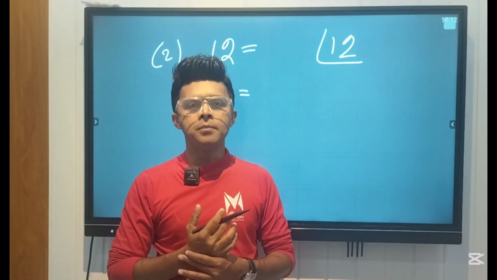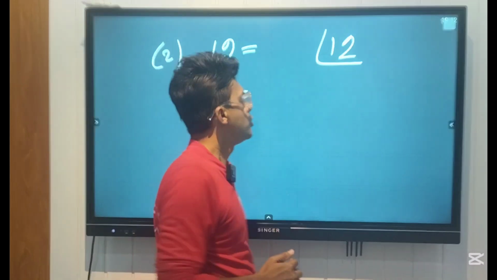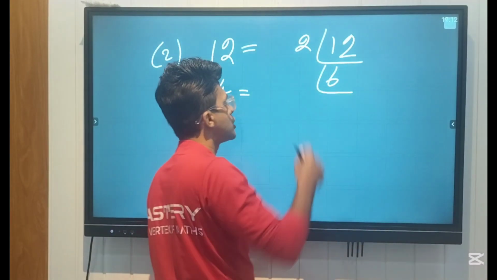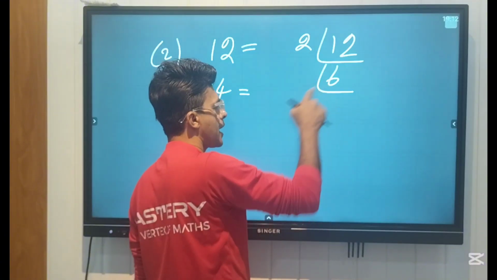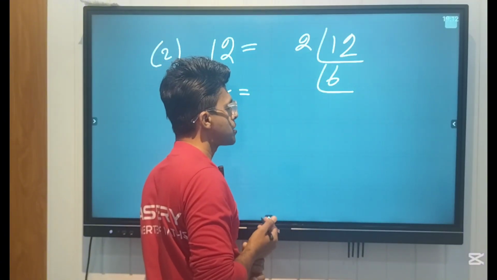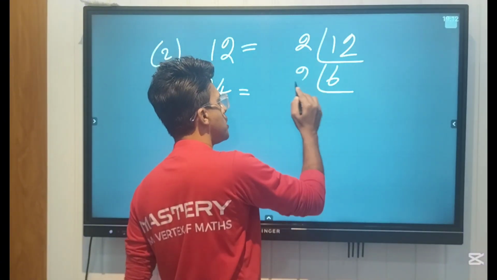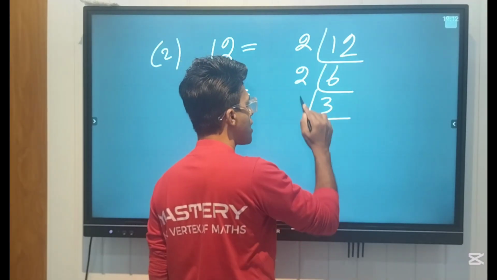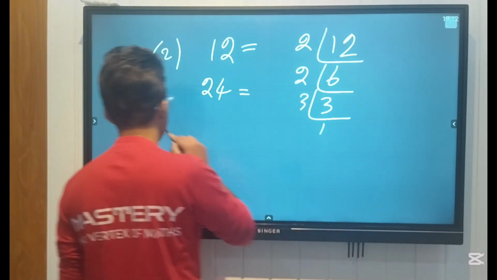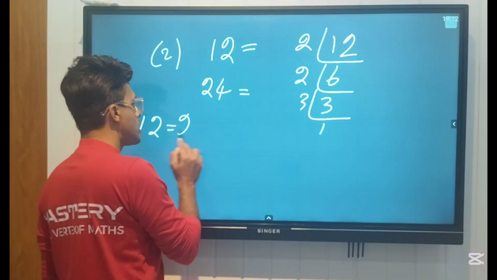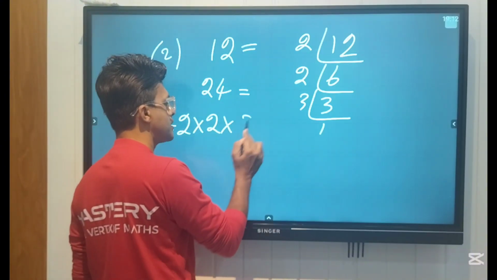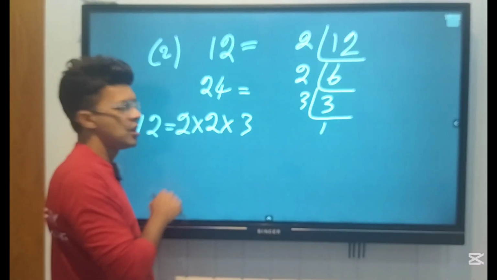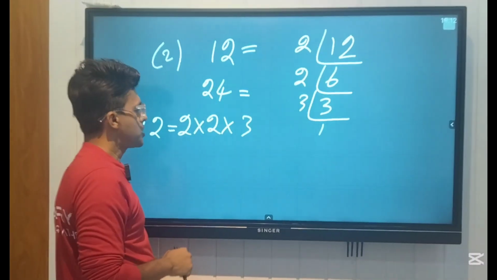To write 12: 12 divided by 2 is 6. 2 is a prime number. Then 6 is a multiple of 2, so 6 divided by 2 is 3. 3 divided by 3 is 1. So 12 equals 2 times 2 times 3; 2 times 2 is 4, 4 times 3 is 12.